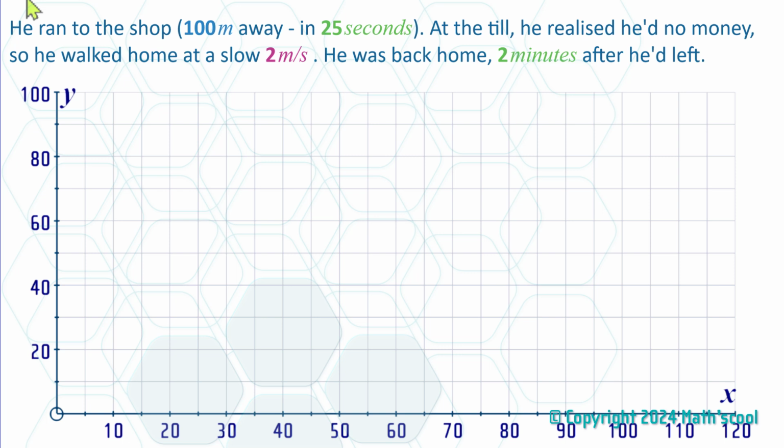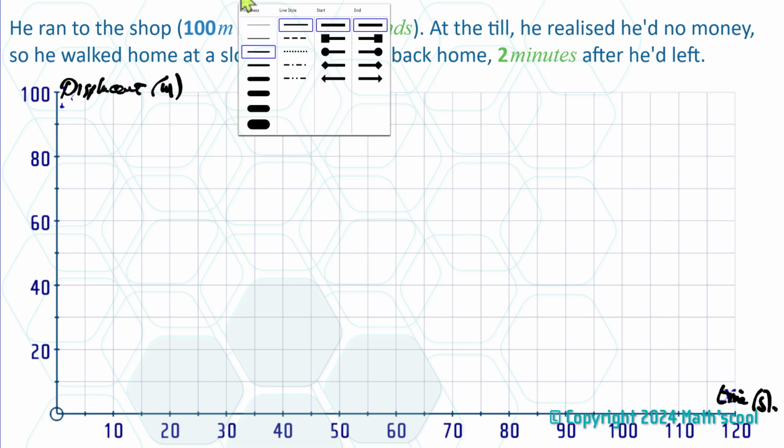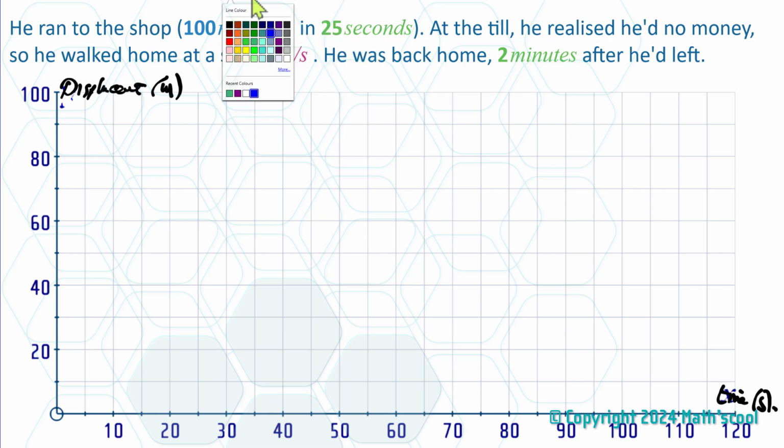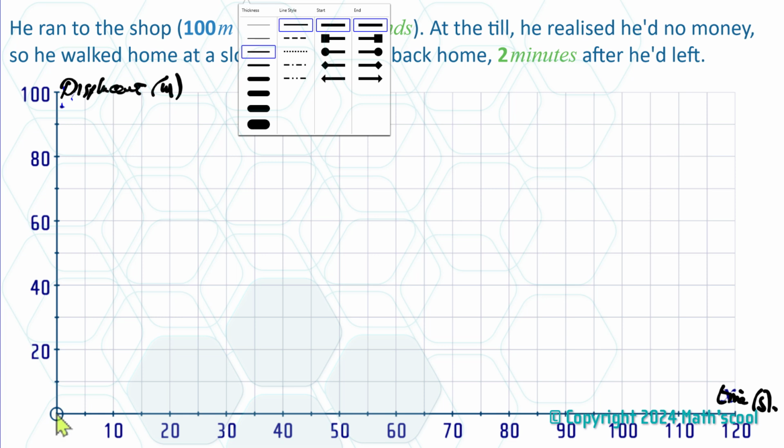So y is actually going to be displacement. So I'm just going to change that. Actually, I'll get rid of it by making it white. And I'll change that to displacement in meters. And I'll make this into time in seconds. Okay, so I know that he started off at home.